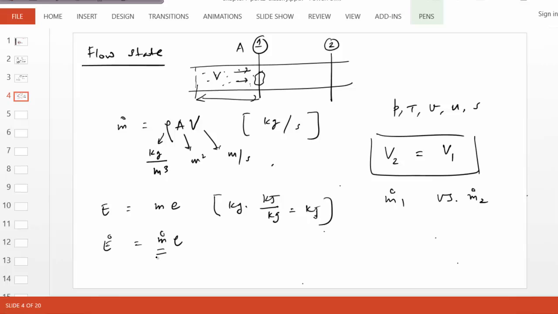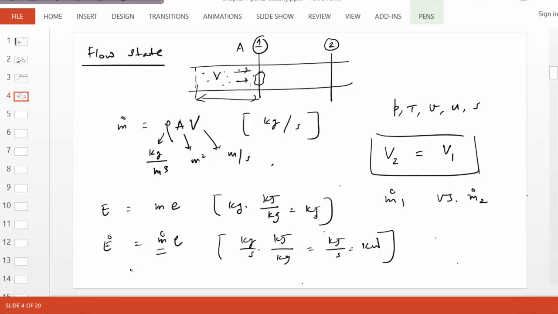Every second, this much mass is carried by the flow. So therefore, kg per second times kilojoule per kg becomes kilojoule per second, kilowatt. So E dot means the rate of transport of energy.